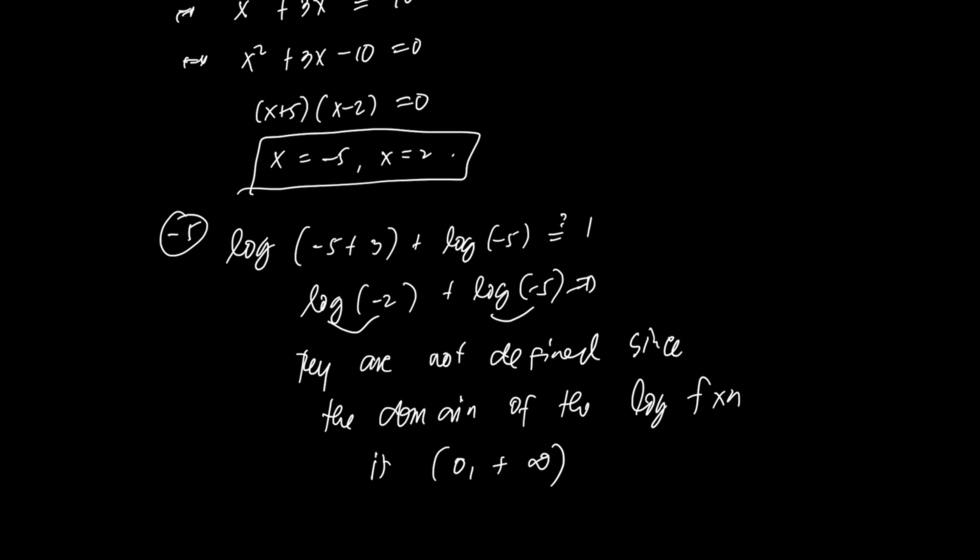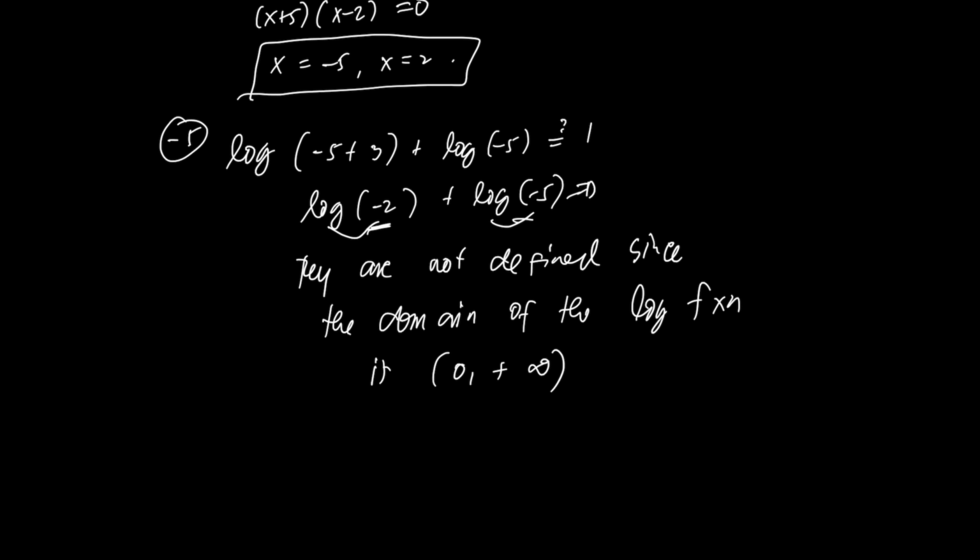Remember that the range of the exponential function is 0 to positive infinity, and that is the domain of the logarithmic functions. And since these values here are negative, it is beyond, not part of the domain of the logarithmic functions. So negative 5 is not a solution.